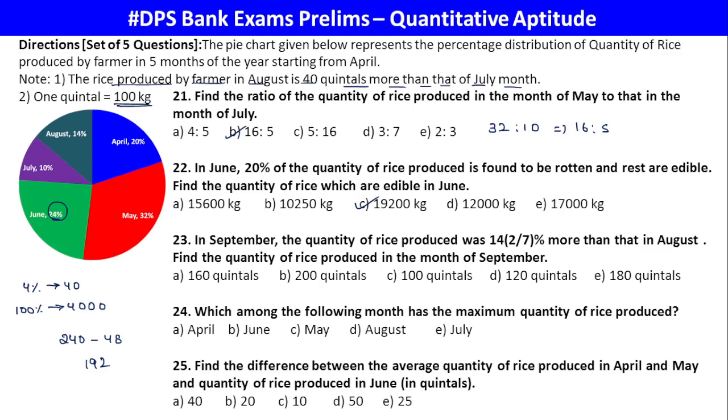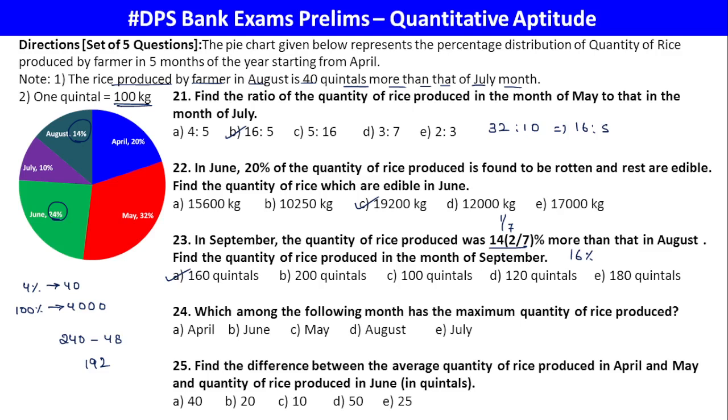In September, the quantity of rice produced was 1 by 7 more than in August. 1/7 extra over August. 15% plus 1/7 extra, which means 2 extra, 16. 16%. 16% means 160 quintals, right?